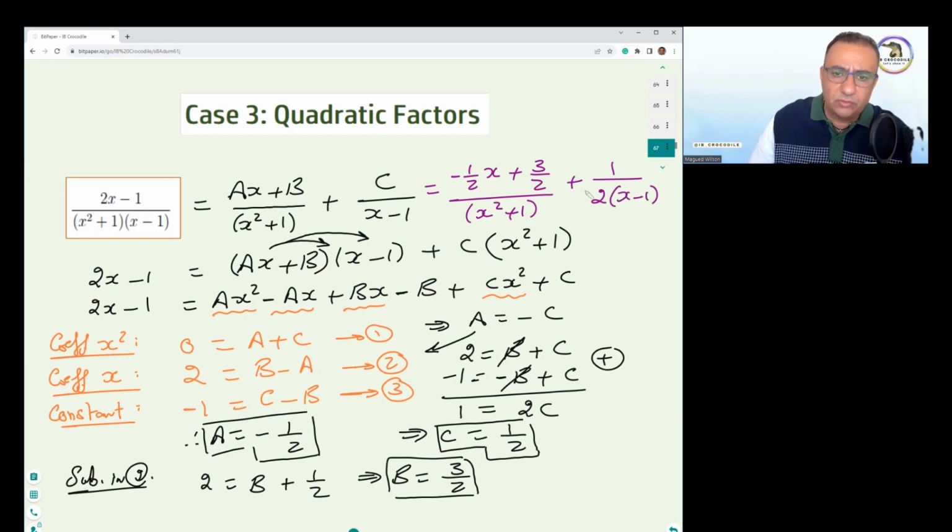Of course you can take 2 out and bring it down here. So it's going to be negative x plus 3 over 2 times x squared plus 1.